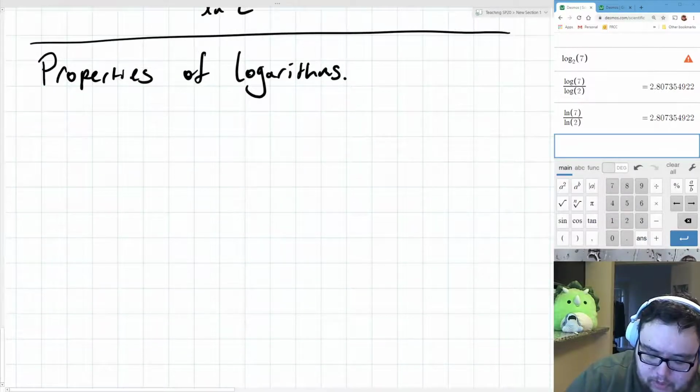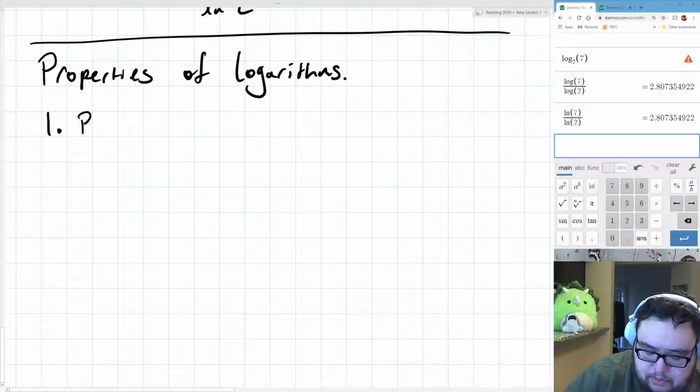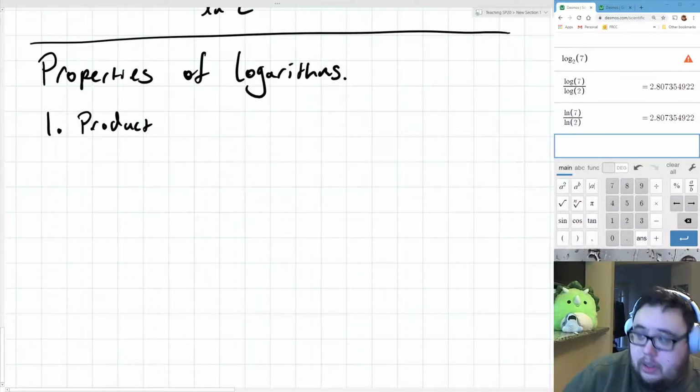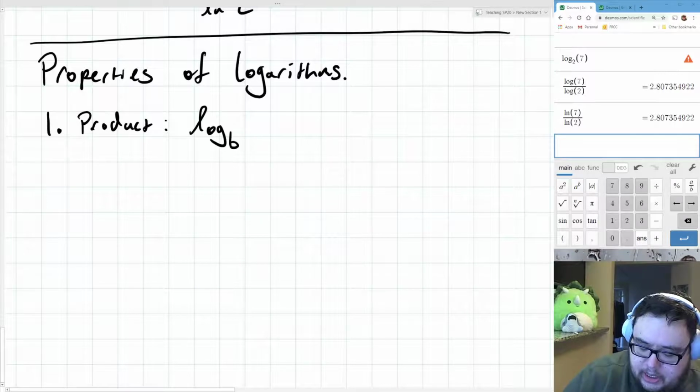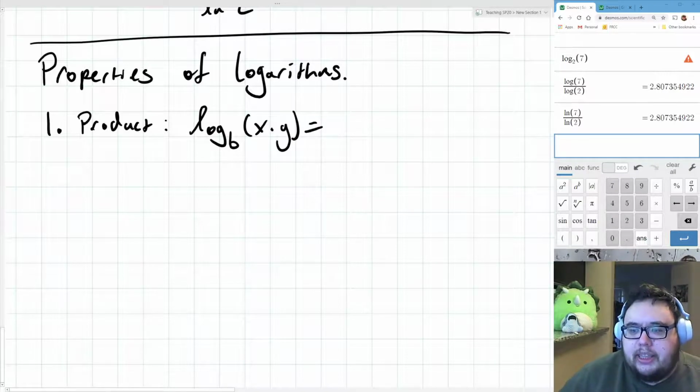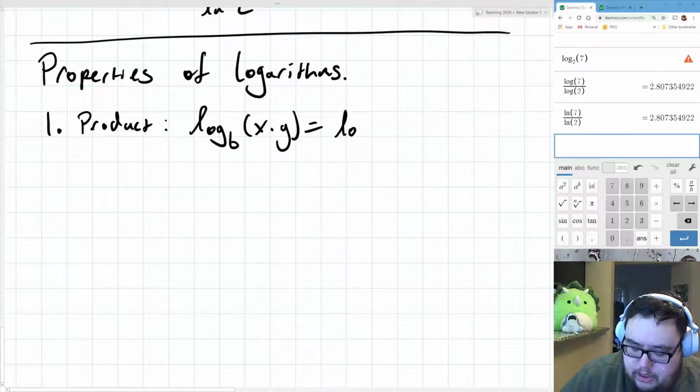So first off, one product property. The product property of logarithms says that if we have the log base b of a product, x times y, then we can actually expand that into 2 logarithms and turn it into a sum. So that's log base b of x plus log base b of y.